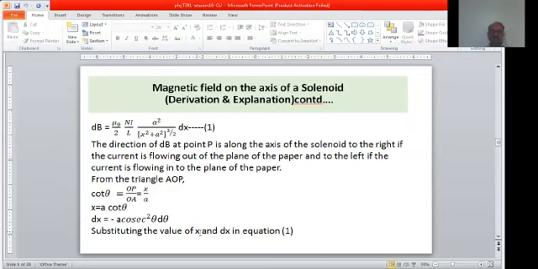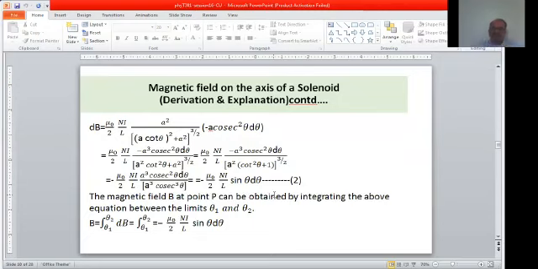Then substituting the value of x and dx in equation 1, we will get this. The equation becomes like this, and substituting those two values and multiplying, it becomes minus a cube cosec square theta d theta divided by the denominator. In the denominator, this a square is constant, common. Take it out, and remaining is cot square theta plus 1.